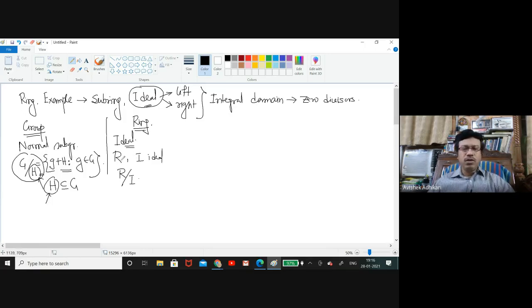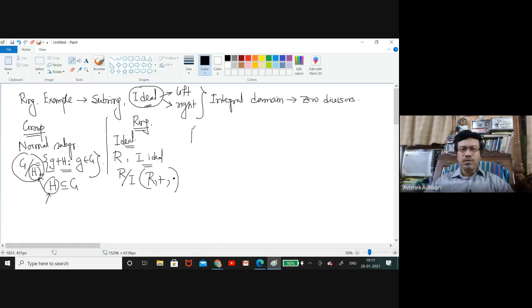Similarly, in case of ideal as well, if I is an ideal, then on R quotient I you can impose some ring structure. So the question is how? Suppose R, plus, dot is a ring and I is an ideal.